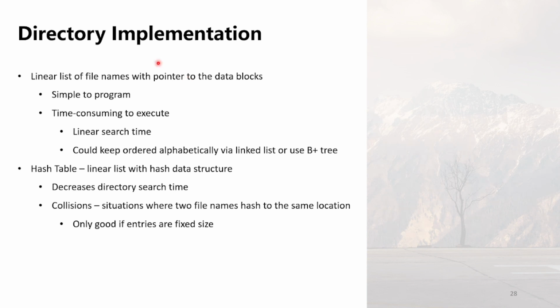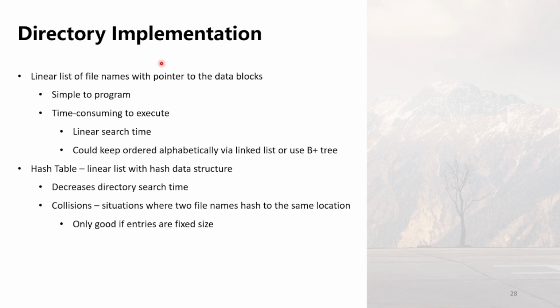Even for a file name, how to quickly locate the target within this structure is a point of consideration in design. We can use pointers to link the file name with its corresponding data blocks.